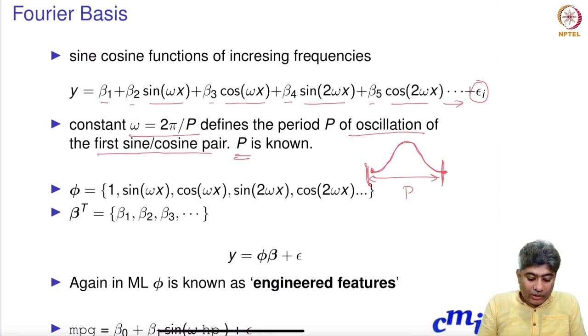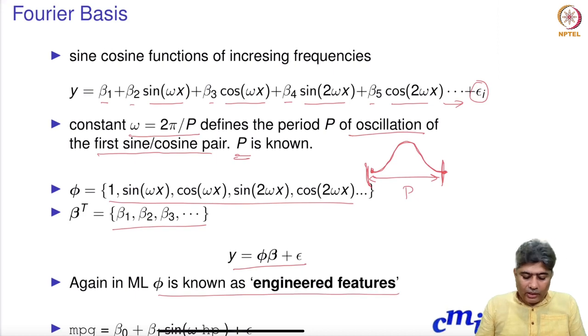For the time being, we are just assuming p is known, and for many real life examples, p is indeed known. So our basis system is phi, and beta is beta 1, beta 2, beta 3, and you can effectively write y = phi beta + epsilon, and this phi, as discussed, is known as the engineered feature.